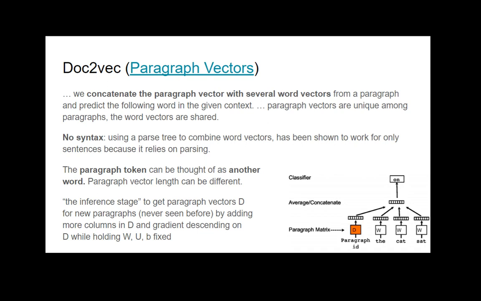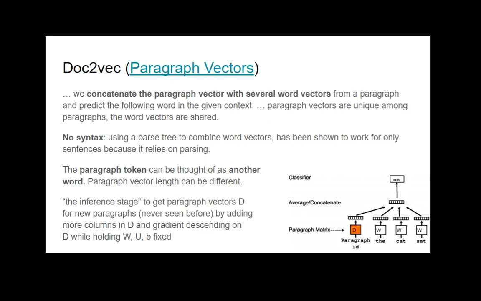We add one more column to the paragraph. So we have one more paragraph here, one more dimension, and we use gradient descent to train this vector. So actually, the inference of the vector of the paragraph embedding for unseen paragraph is the training phase again. So it's time consuming. So it's not very cool to use in production.